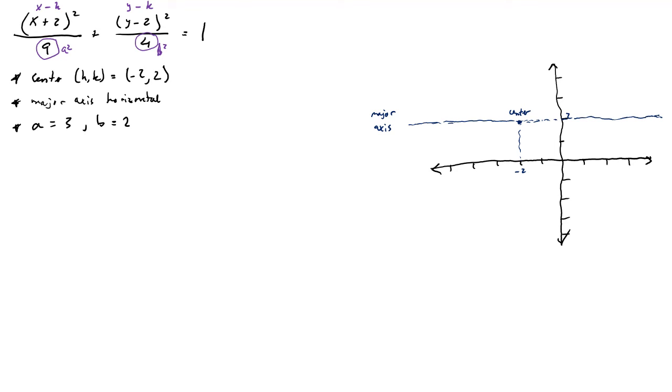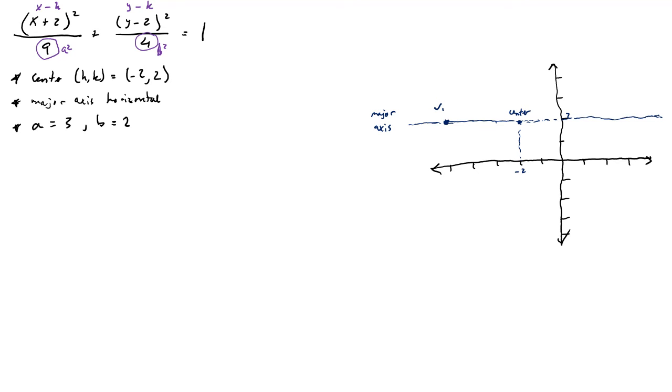Okay, we also know that a is equal to 3, and a is the distance from the center to the vertices. So if I start from the center and go 3 in each direction, so if I go 1, 2, 3 here, that gives me our first vertex, so I'll call it V1 at this point.